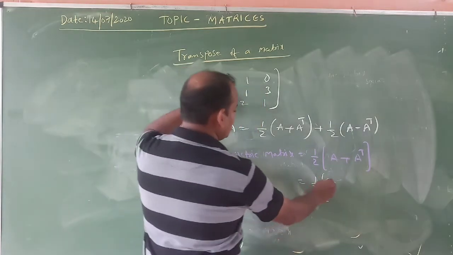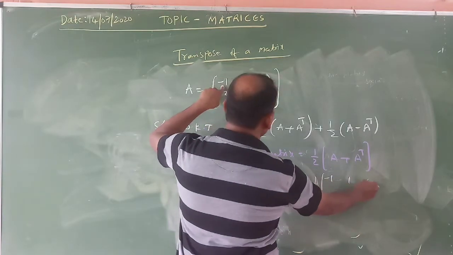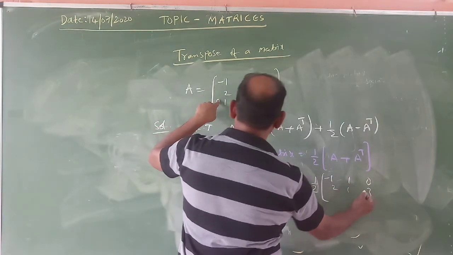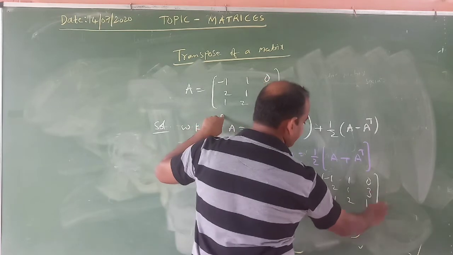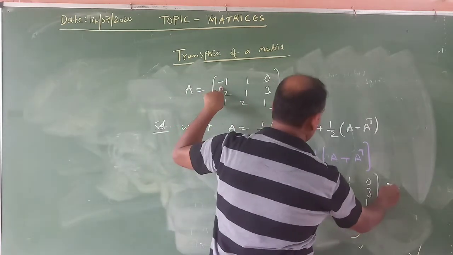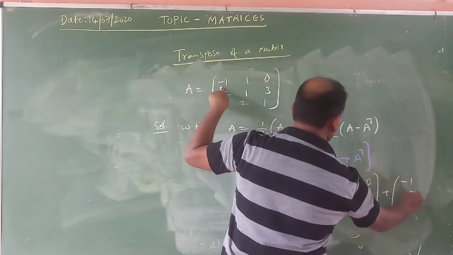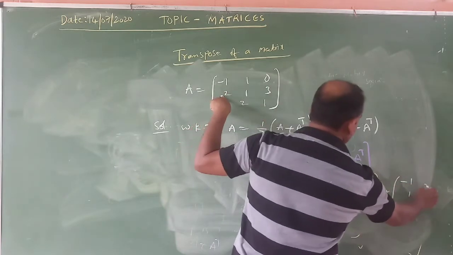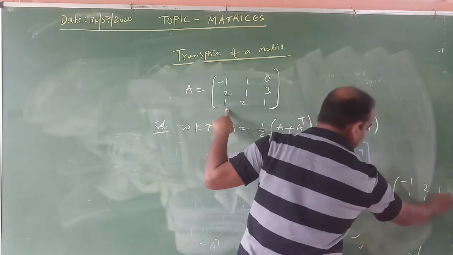A is minus 1, 1, 0, 2, 1, 3, 1, 2, 1 plus A transpose, which you know very well: minus 1, 2, 1, 1, 1, 2, 0, 3, 1.